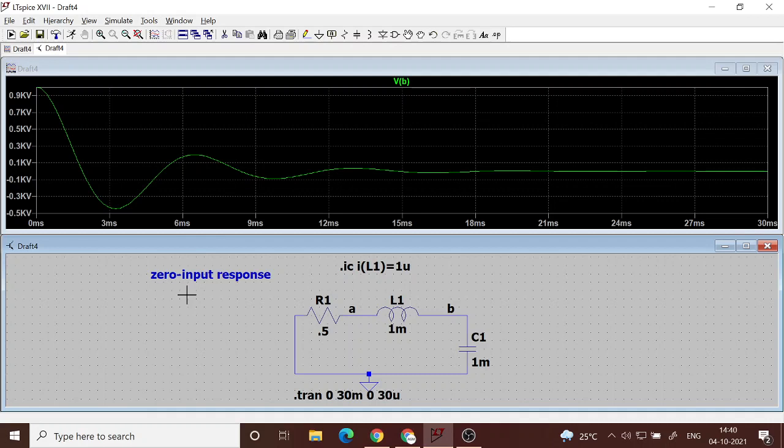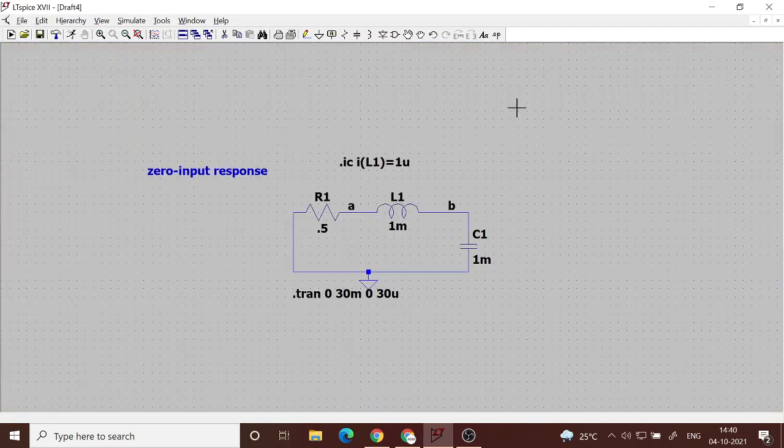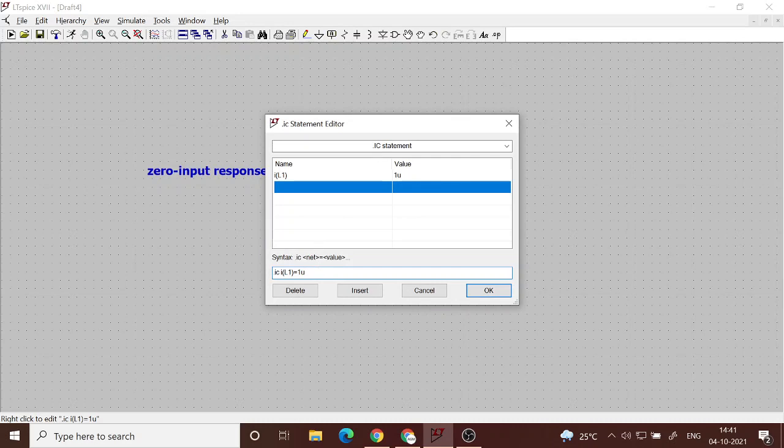Whatever we have seen earlier, on top of that, if you give a voltage source here, let's put that in also. So let me go back to the voltage which I gave. The voltage on the capacitor or current in the inductor, or you can give both also.